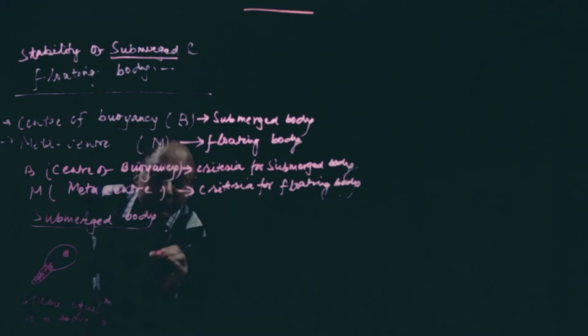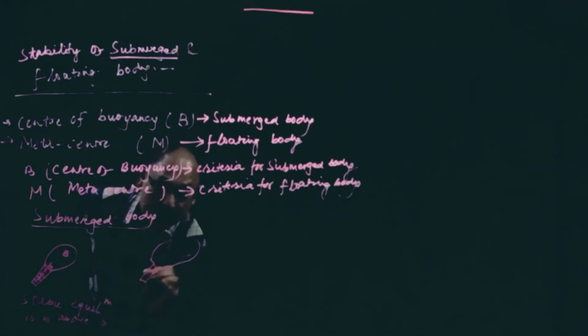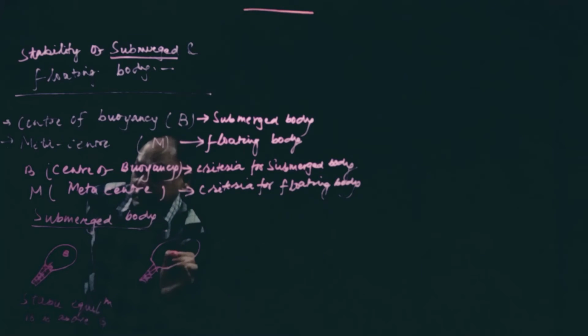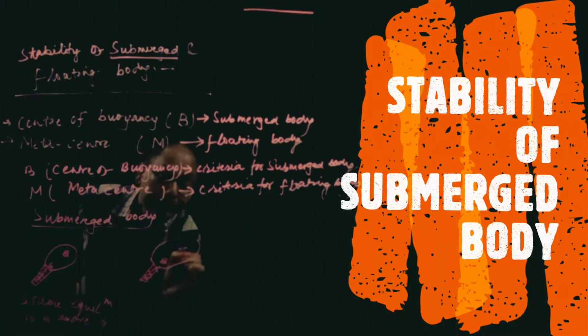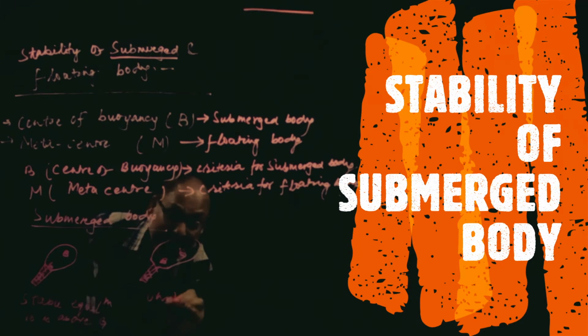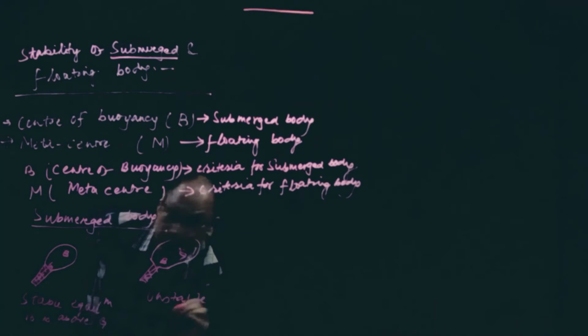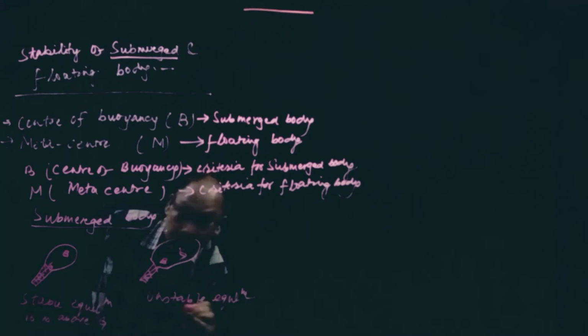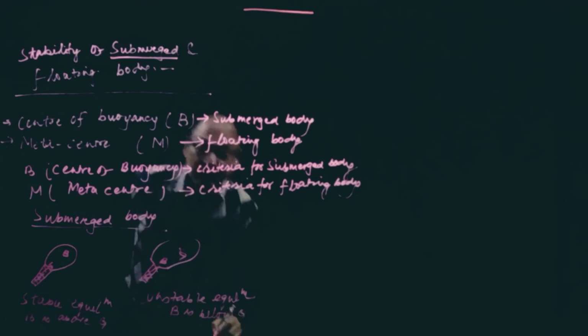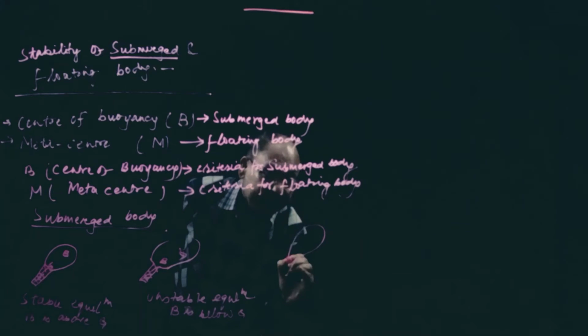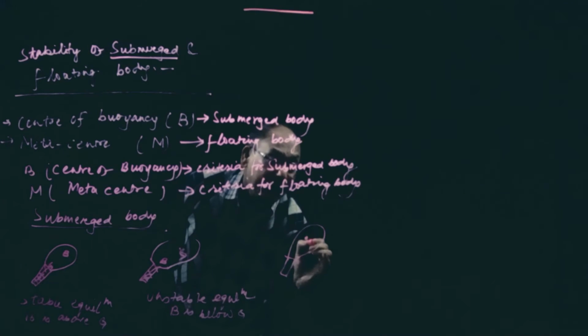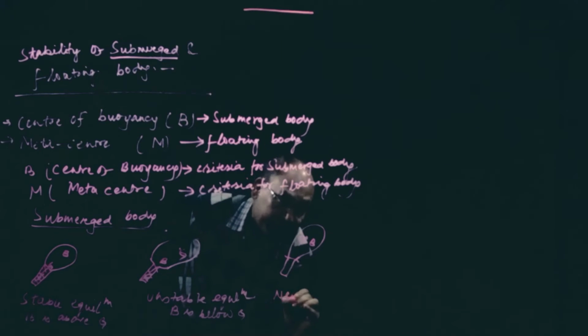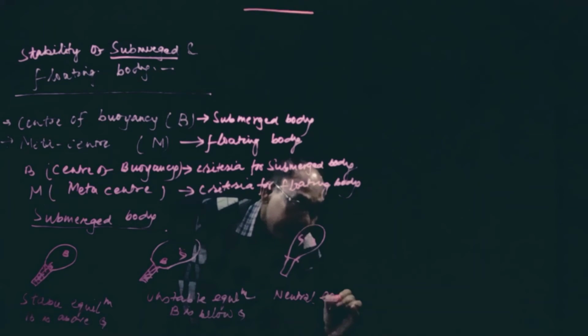Another point, like this. Now B is below G. So it is called unstable equilibrium, where B is below G. Third point we can consider like this: at a point where B and G are together, it is called neutral equilibrium.